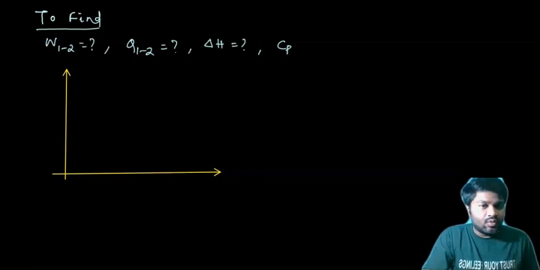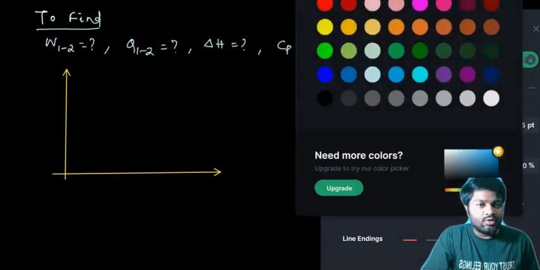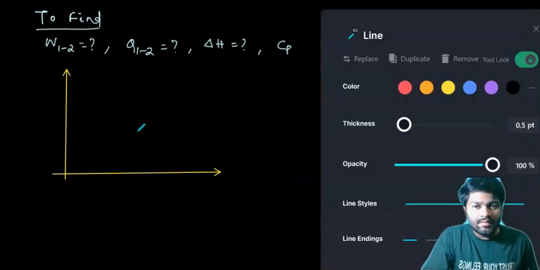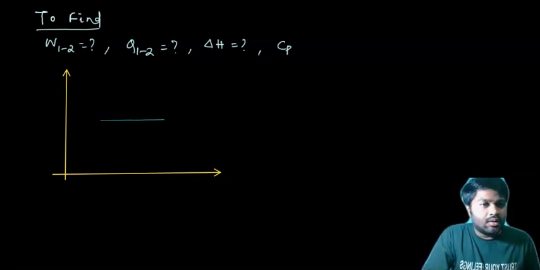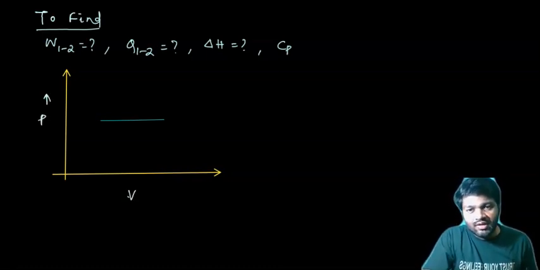So definitely our curve will be somewhat like this, that is the horizontal line, you can say, right? So there will be a horizontal line. This horizontal line will be showing us the process, right? So here I am taking P and here I am taking V.